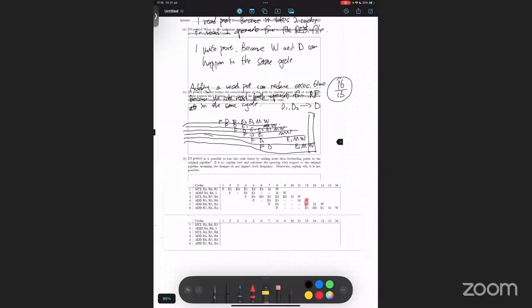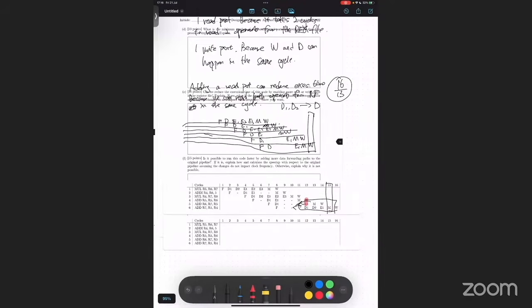But here we can actually start forwarding just from the memory stage. Because our code doesn't involve any memory instructions, so the memory stage basically does nothing. So we can basically just move all of these parts one cycle ahead, and this leaves an execution time of only 15 cycles.